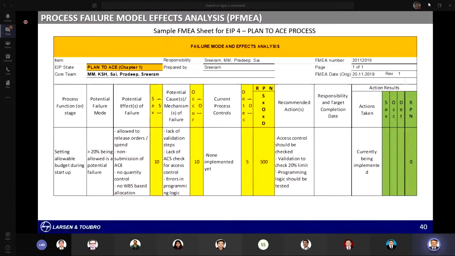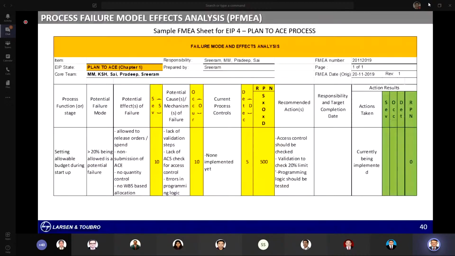So typically, what is in our control? The severity will always remain the same. If you carefully observe, the severity of somebody getting hurt is always 10. So can anyone tell me what are the variables that we can control in order for us to control our risks? We have severity, occurrence, and detection as 3 variables.